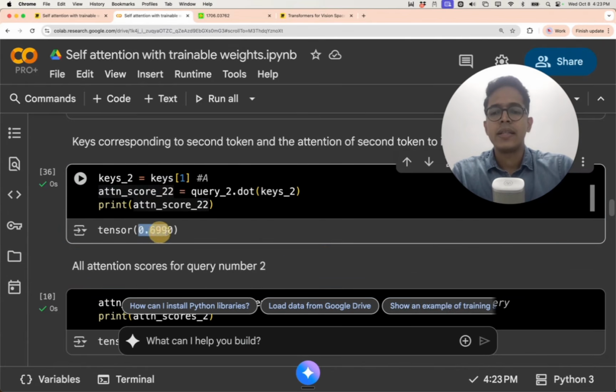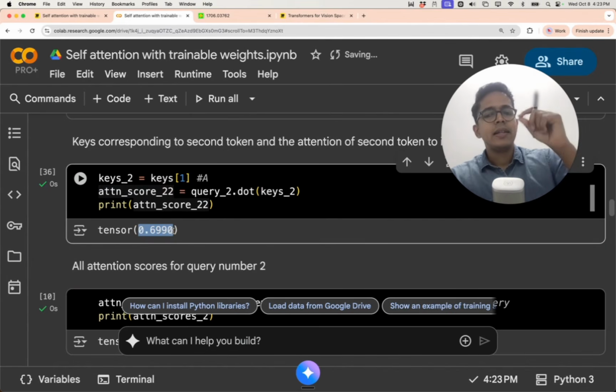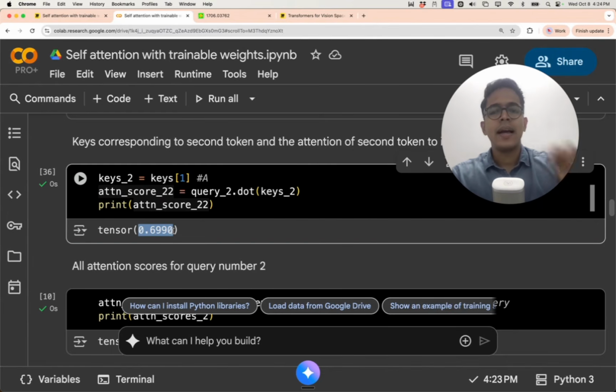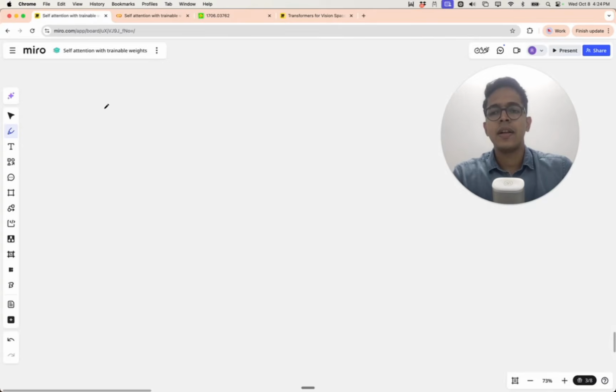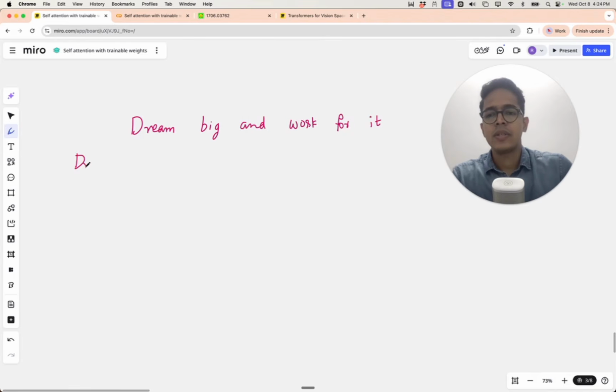It is 0.6990. So in the attention score matrix, this item should be where? This should be along the diagonal. Why? Because our attention score matrix will look like this. Dream, big, and work for it. Then same thing goes here. Dream, big, and work for it.